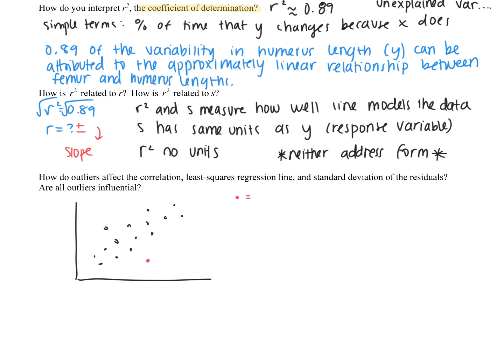Will it change the slope? Slightly. Yeah, so that one would have a slight change to r and the slope. Right? It would weaken r, and the slope would become closer to 0 because our line is getting closer to horizontal.